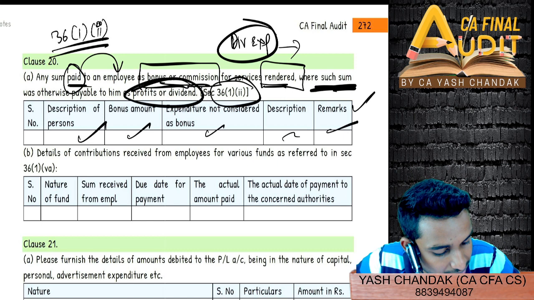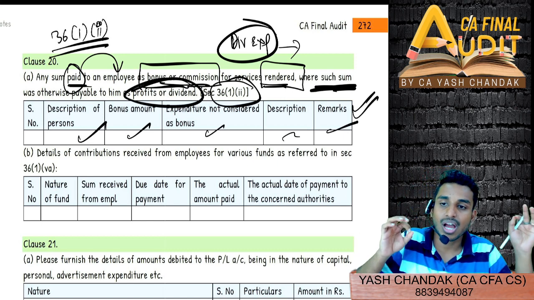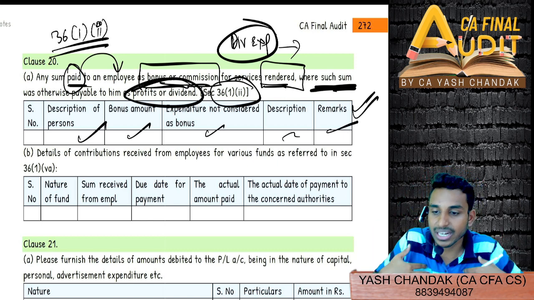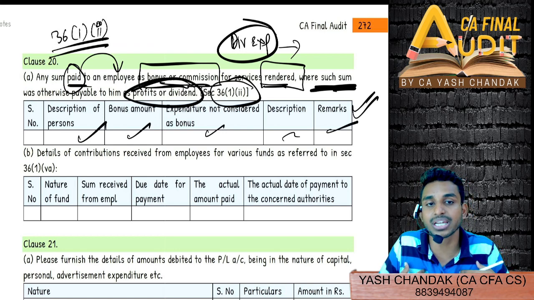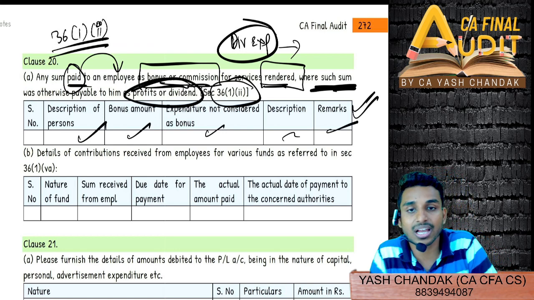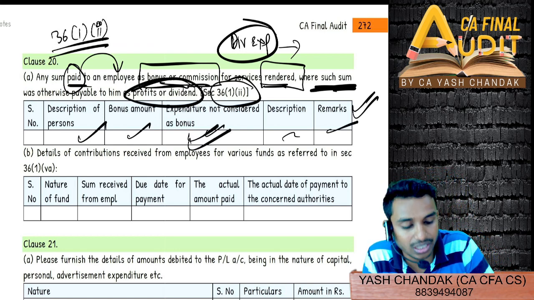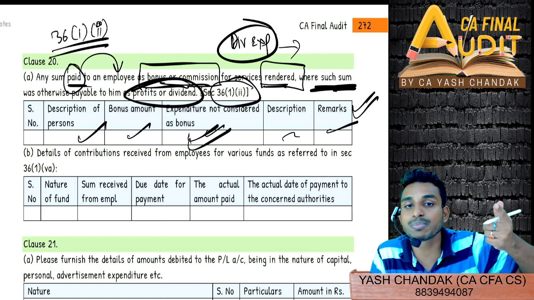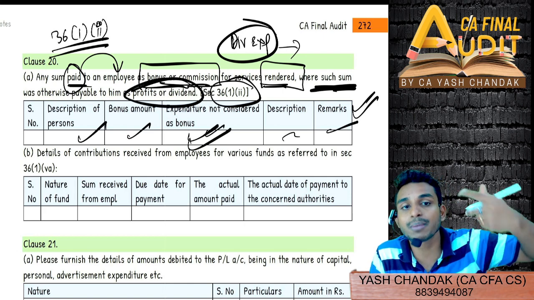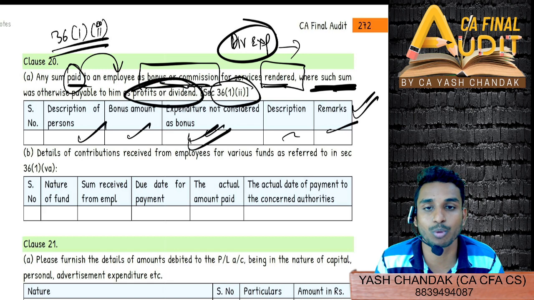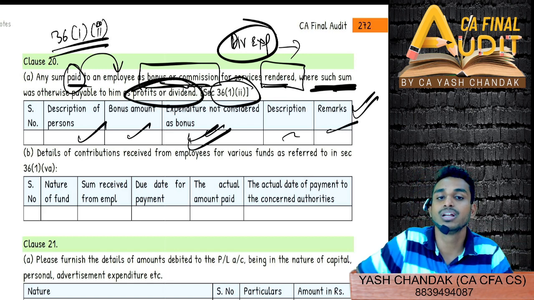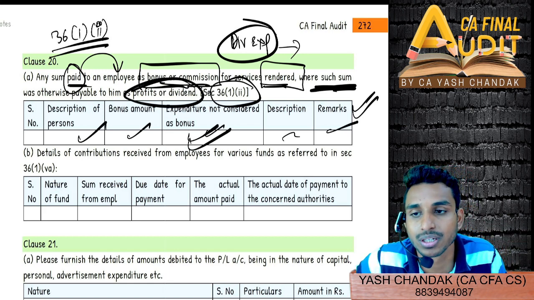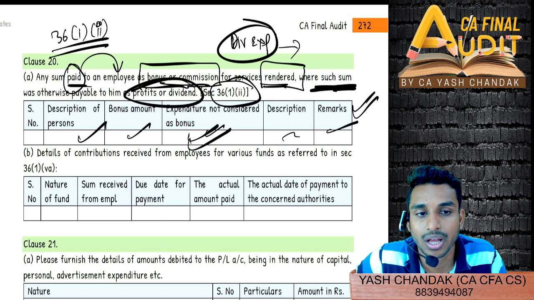Many a time this happens that articles used to include all the bonus and commission expenses. As an article I also made a mistake, that I included all the bonus and commission expense here. Not all, only those expenses which are otherwise payable to the employees as dividend or profit, because these will be added back to the computation of income. Clear?